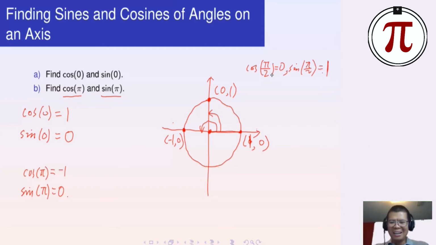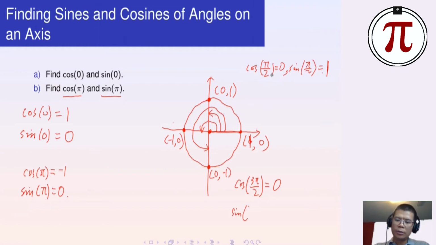Now, how about this one? That is 3 pi over 2, right? This point is going to be 0, -1. So x is 0, y is -1, right? So cosine 3 pi over 2 equals 0, and sine 3 pi over 2 equals -1.